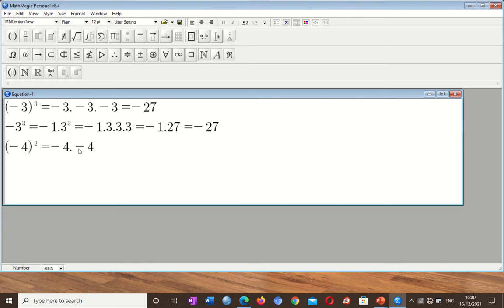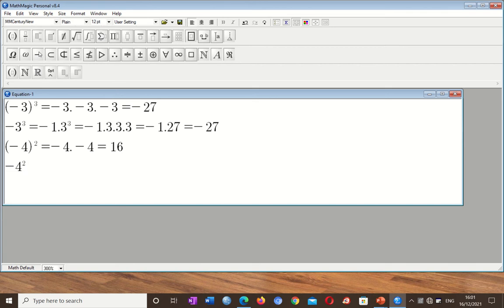Minus and minus is plus. Sometimes I don't need to write plus; if it is plus, I may not write it. And this is 16. Or if I have it like that, I have a different result, minus 4 to the power 2.